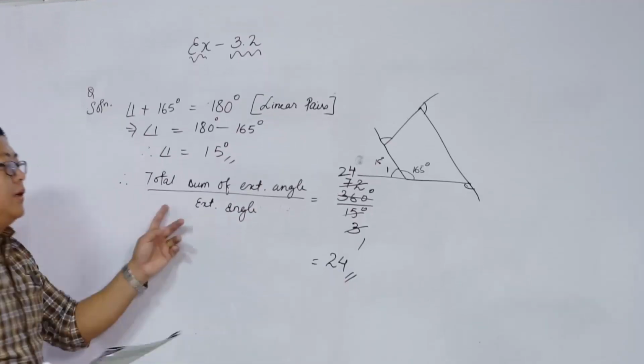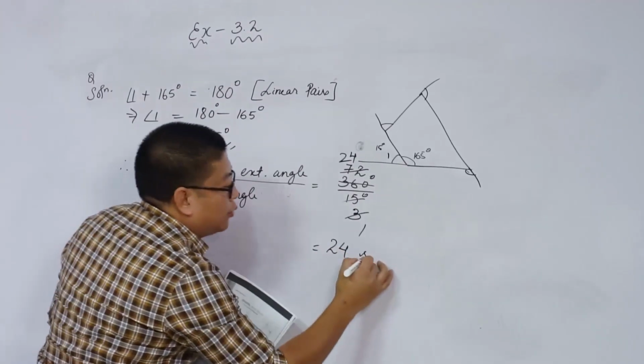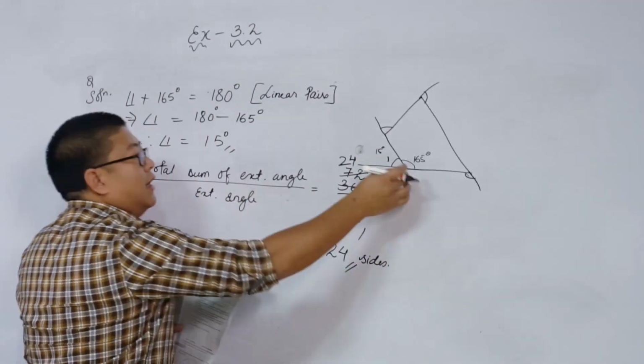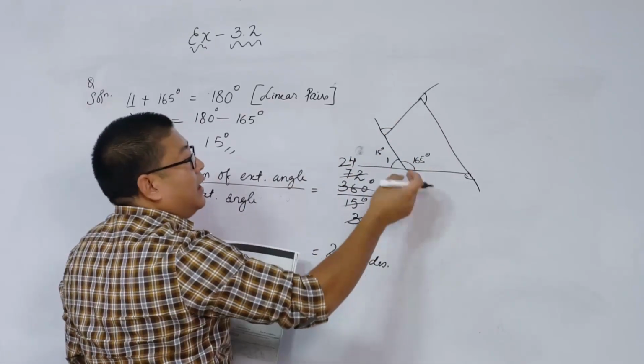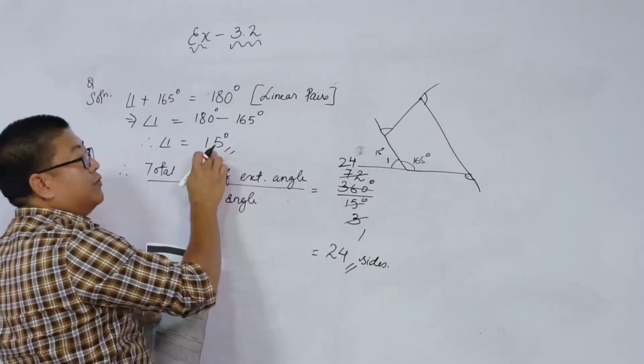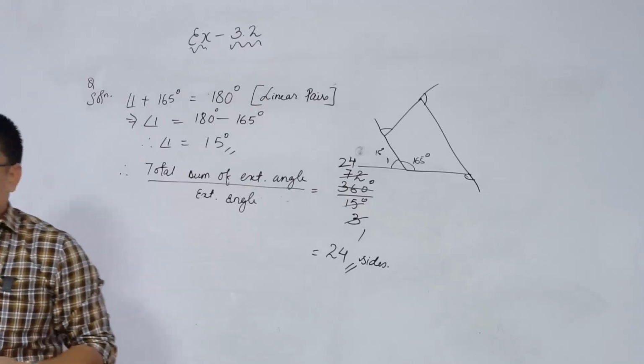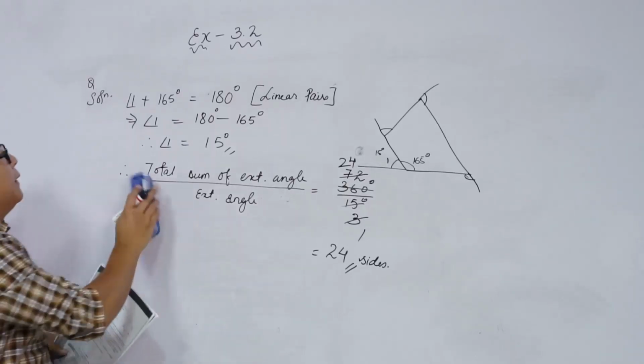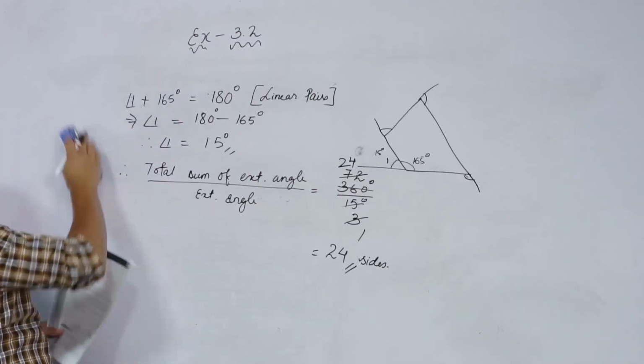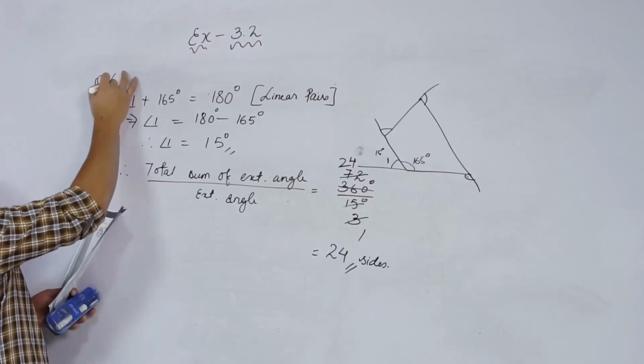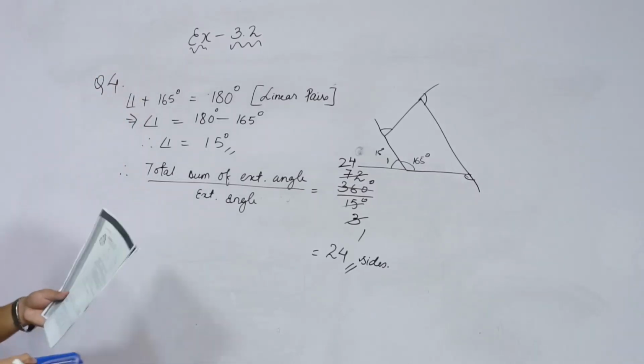So using this formula, we know that there are 24 sides. 24 sides are there. Each exterior angle is equal to 15 degrees. I hope this is clear. So this was question number 4.